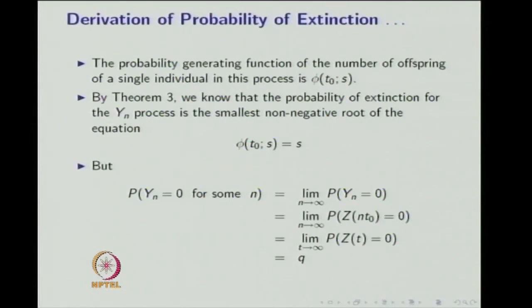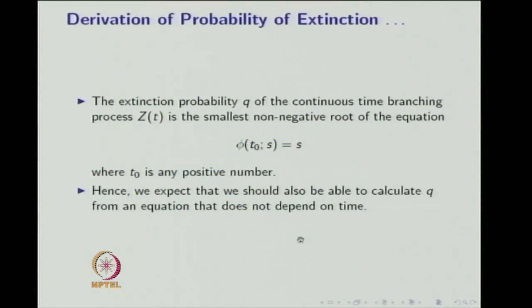Here we have concluded by theorem 3 that the probability of extinction for the discrete time branching process Y_n is the smallest non-negative root of the equation psi(t_0, s) equal to s. Because of this, we conclude the probability of extinction of the continuous time branching process Z(t) is the smallest non-negative root of the equation psi(t_0, s) equal to s, where t_0 is any positive number.